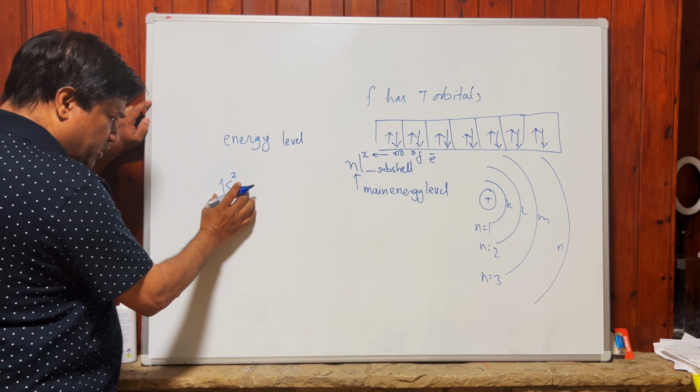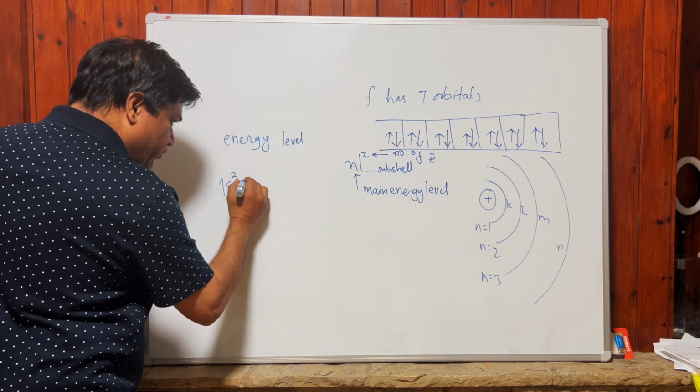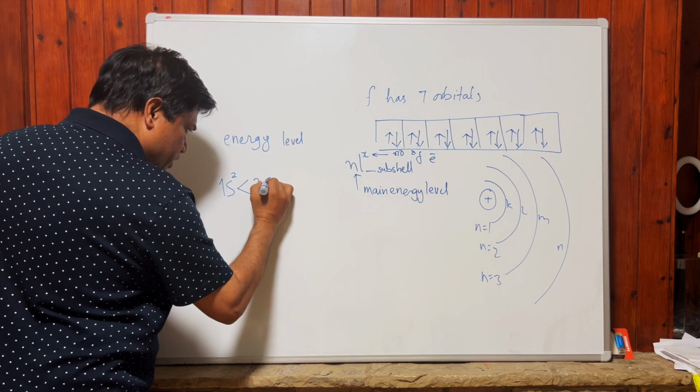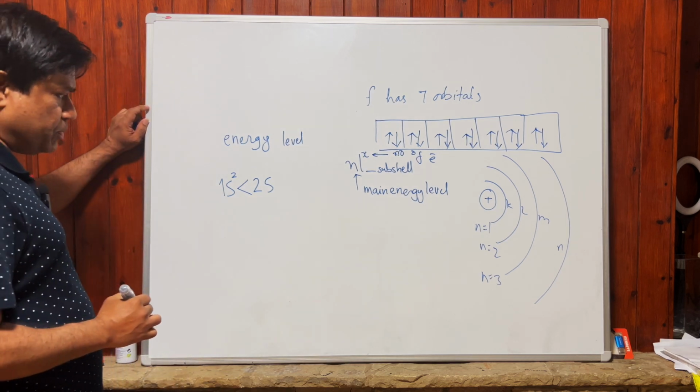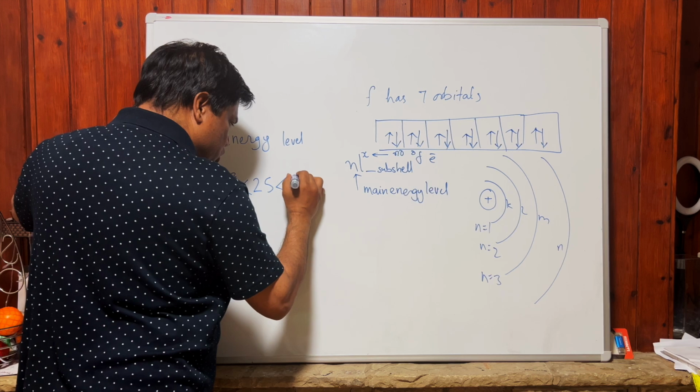That is closest to the nucleus with the least energy, followed by 2s. The second shell has 2s and 2p, and 2s energy is less than 2p.